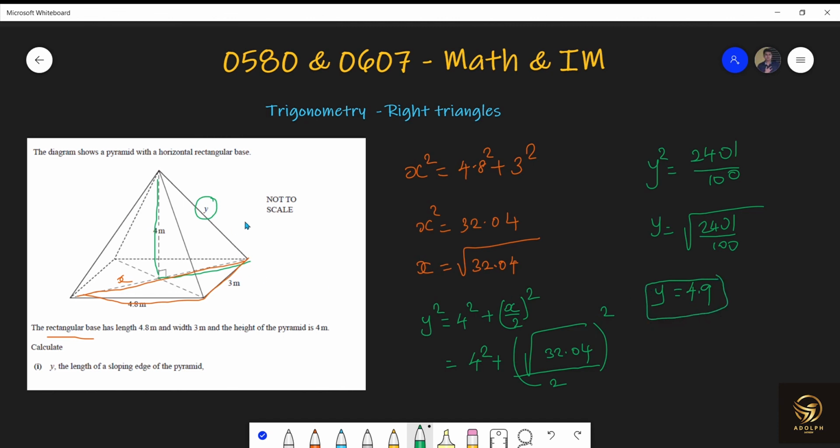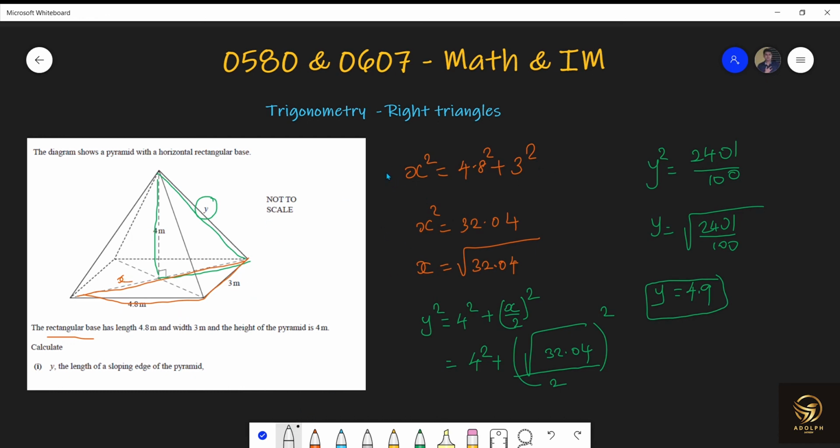So how did I do this? I have to find y, and that is related to this green triangle. In the green right angle triangle, one side is given and the other base is not given. So first I have to check whether I can get this value or not, and then it is possible using the Pythagoras theorem. I can find the whole diagonal by using the Pythagoras theorem for the base rectangle. So 4.8 square plus 3 square gives this x square.